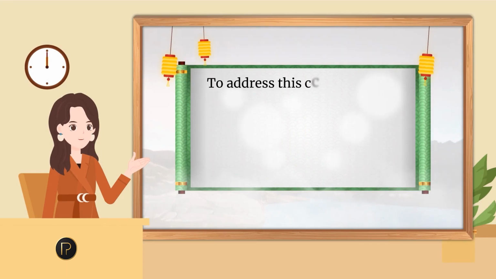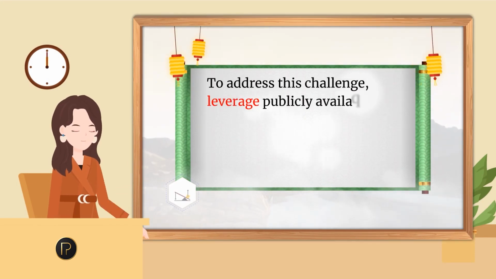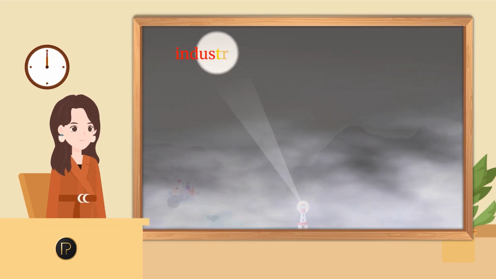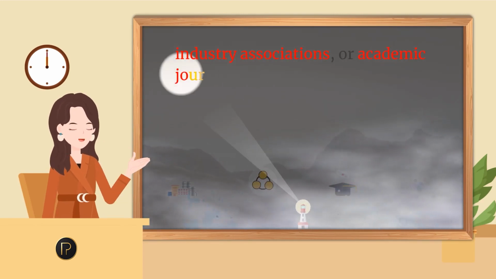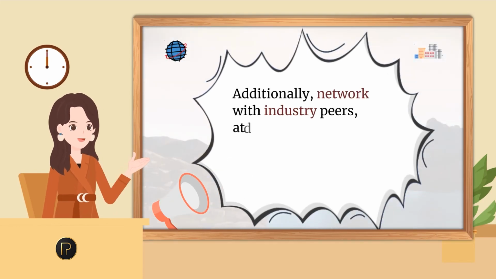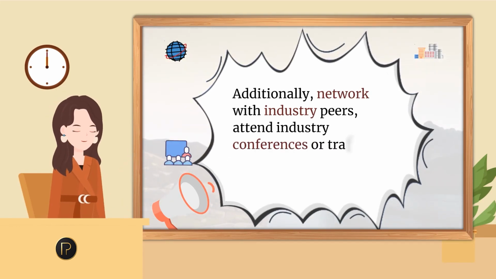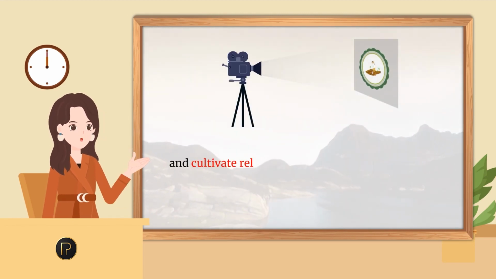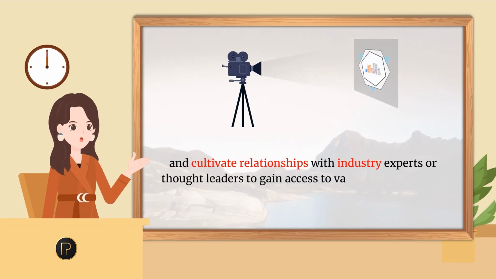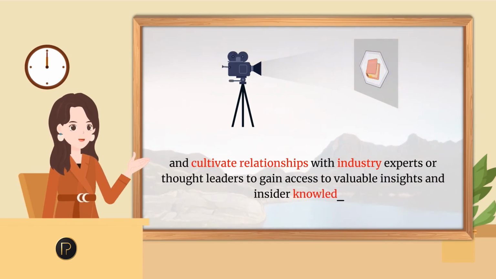To address this challenge, leverage publicly available sources of information such as government databases, industry associations, or academic journals. Additionally, network with industry peers, attend industry conferences or trade shows, and cultivate relationships with industry experts or thought leaders to gain access to valuable insights and insider knowledge.